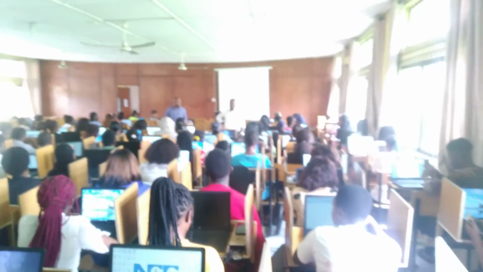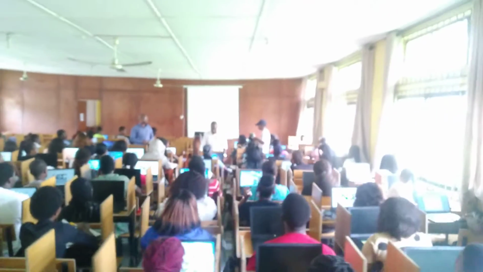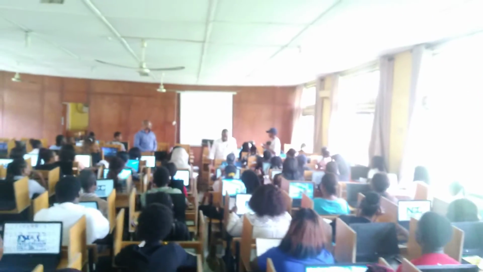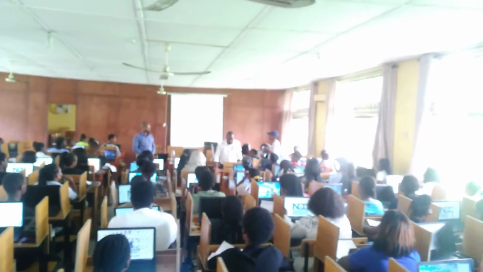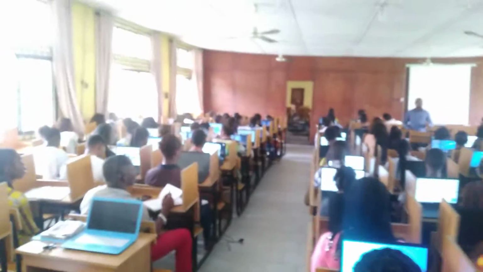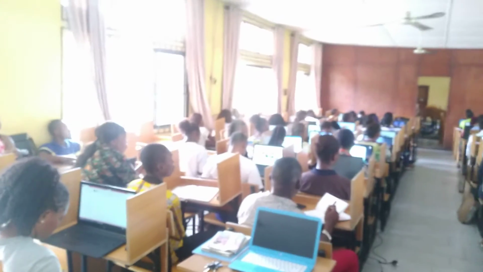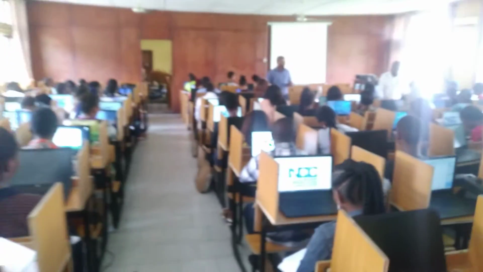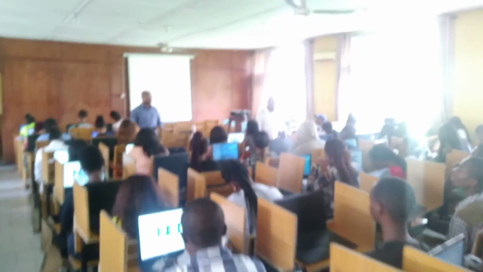Now, could someone ask a question based on what we have done before? Okay, fine. She's asking to know the difference between the internet and WWW, which is World Wide Web.